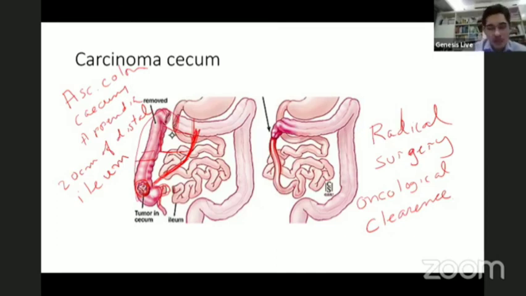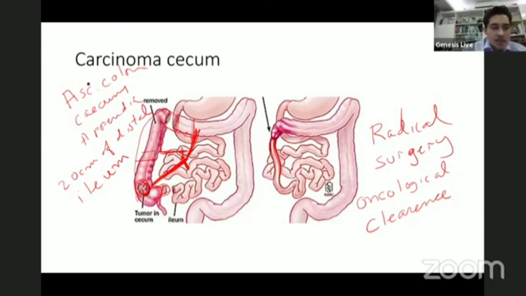Sorry. So you have to do an oncological clearance, you have to do a lymphovascular clearance as well. That means these arteries should be excised from their origin, especially the ileocecal and the right colic. These two arteries have to be removed. So what are we removing in case of a carcinoma cecum?